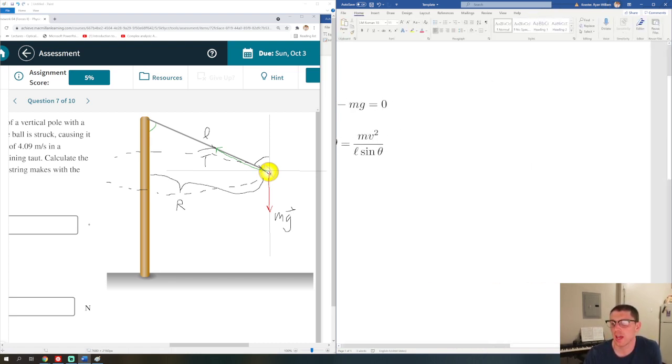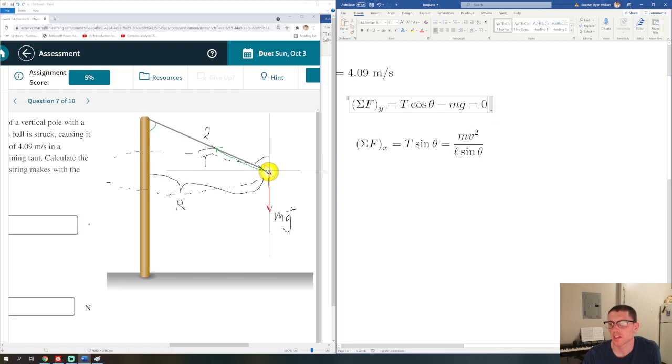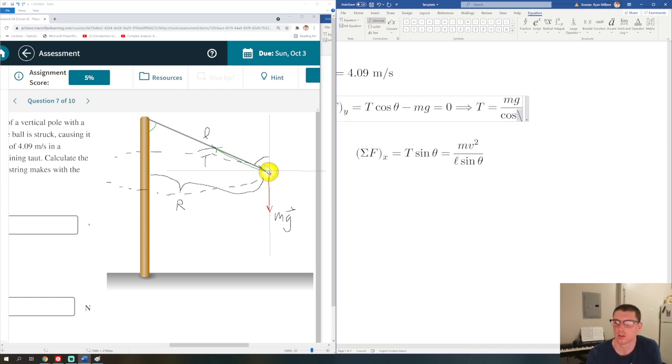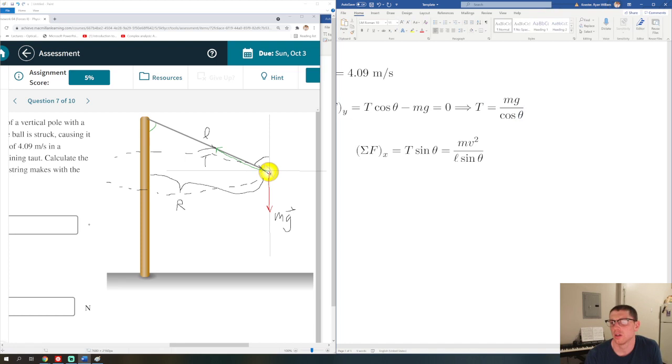So we're going to say that this equation tells me that T is mg over cosine theta, and this equation tells me that T is mv squared over L sine squared theta.